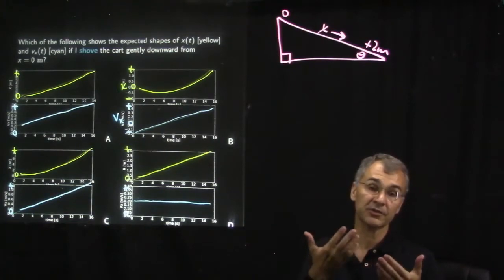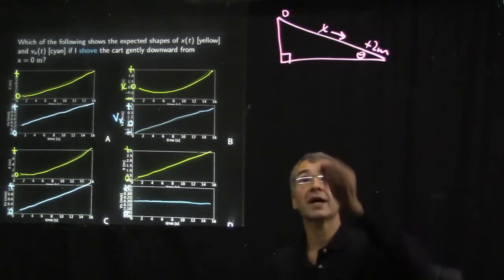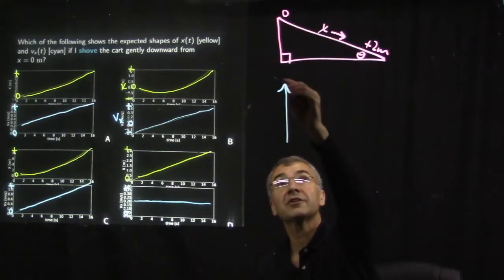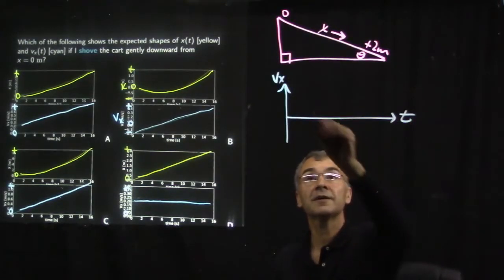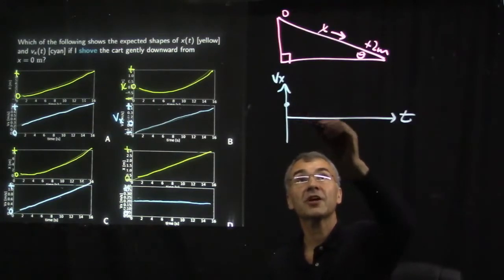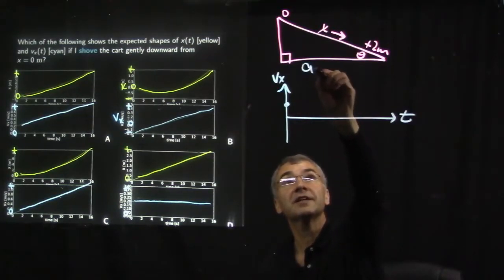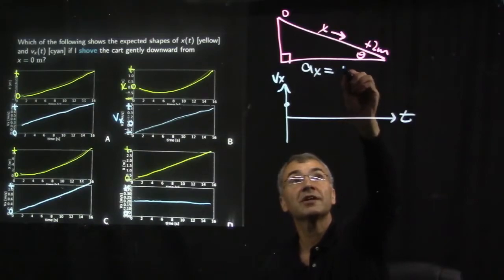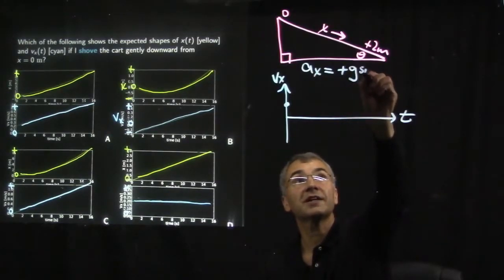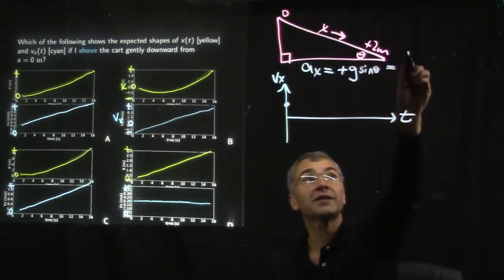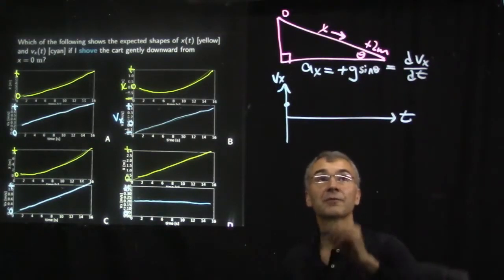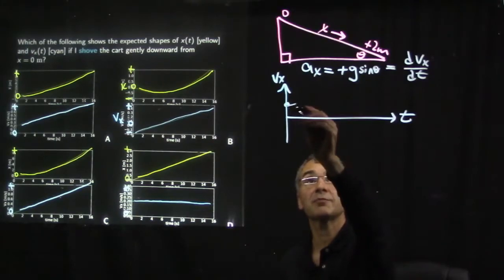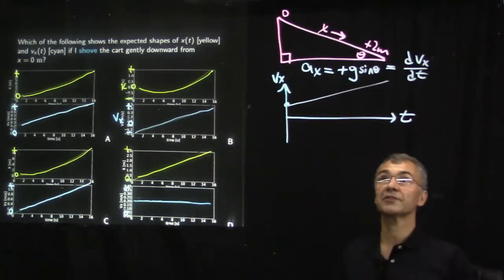Downhill is positive, so that's a positive velocity. If we draw v sub x versus time, it starts out positive. And remember, for the inclined plane, a sub x is plus g sine theta, the rate of change of v sub x. So this is going to start out positive and get more and more positive.